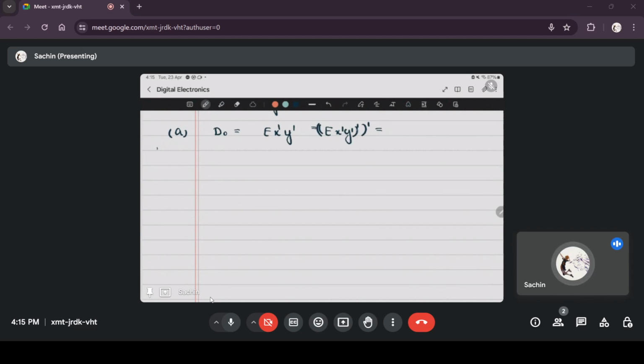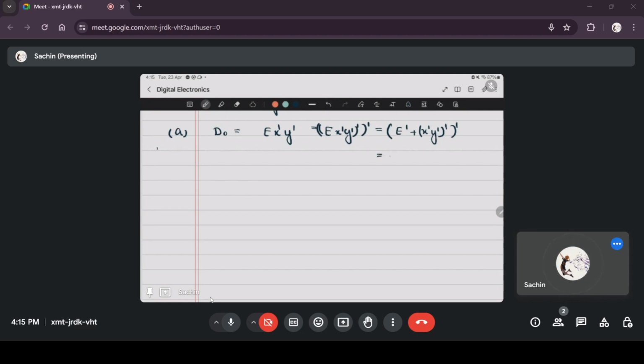Then the inner complement can be distributed using De Morgan's law, and you can write this entire expression as E complement plus x plus y, whole complement. So I have just expanded this portion using De Morgan's laws.